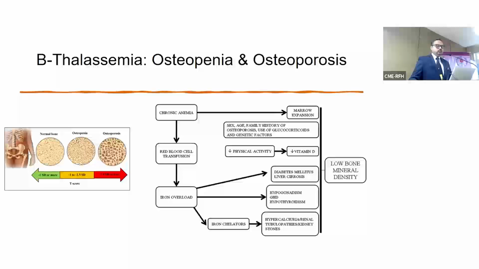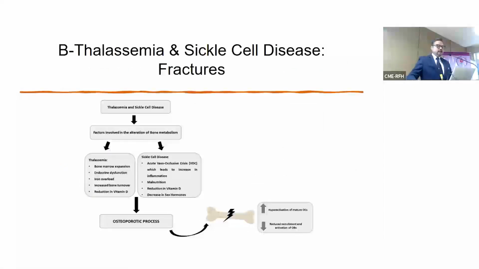All these lead to a low bone mineral density. Similarly, when you have a low bone mineral density and at the same time you have vascular occlusions, you can have an osteoporotic process leading to what we call pathological fractures.